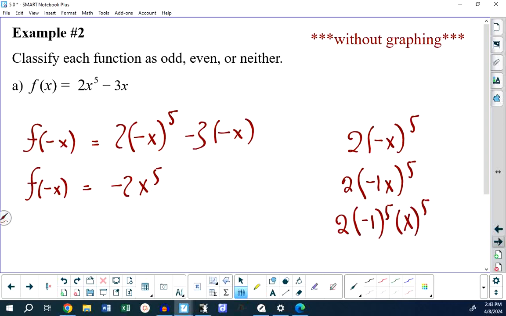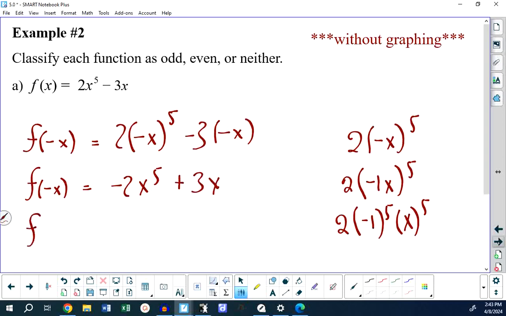Right? And that negative 1 raised to the exponent of 5 creates a negative term. Negatives raised to an odd number become negative. So it's negative 2x to the 5, and then this is plus 3x.